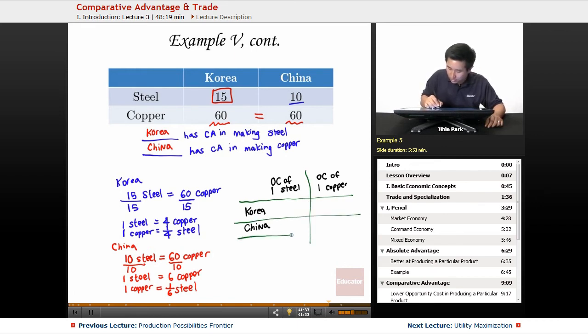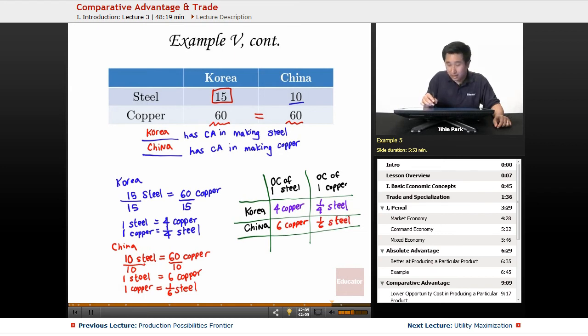Now it's just putting it into the chart to figure out if what we have is actually correct here. So in Korea, the opportunity cost of 1 steel would be 4 copper. And the opportunity cost of 1 copper equals 1/4 of a steel. So we have the information now for Korea. Now you look for China here. 1 steel equals 6 copper. And 1 copper equals 1 over 6 steel here.